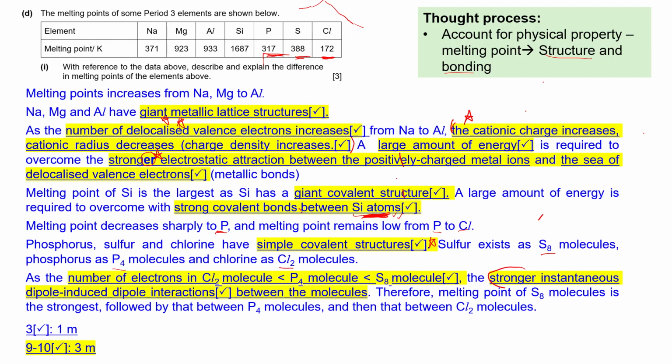Again, the word stronger tells me the trend, that it increases from chlorine to phosphorus to sulfur. Therefore melting point is highest for S8, followed by P4 molecules, followed by Cl2 molecules. So 3 ticks, 1 mark. Total number of ticks, 9 to 10 ticks, will give you 3 marks.